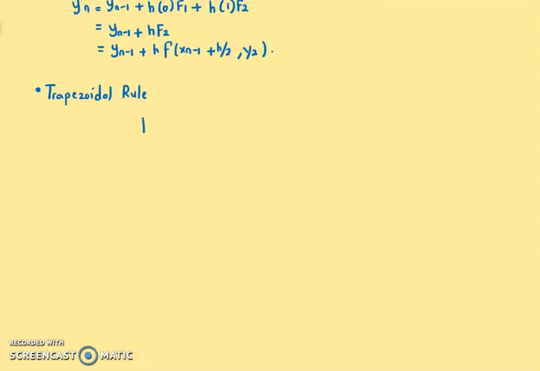Now let's look at the trapezoidal rule, where the Butcher tableau is given as half and half.